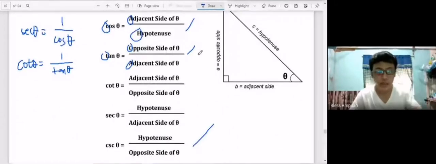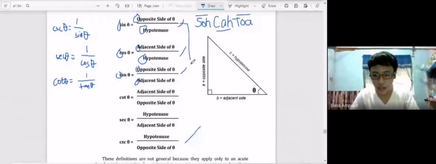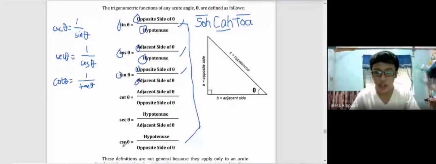As you observe here, the sine theta and the cosecant theta are inverted. Because the cosecant is the reciprocal of sine theta, or vice versa, the sine theta is the reciprocal of cosecant theta.